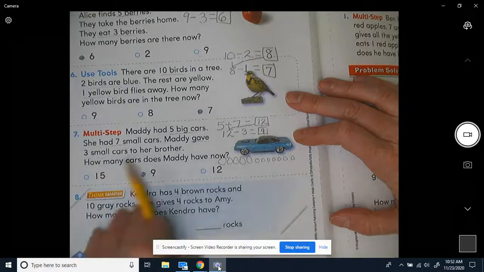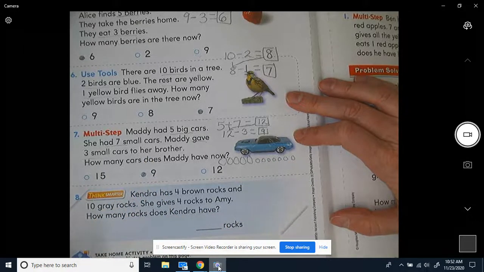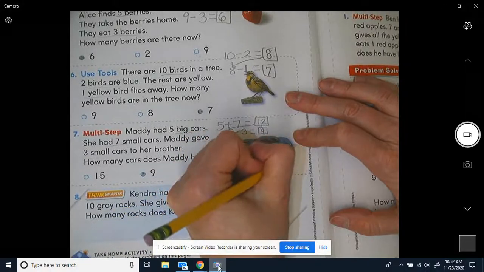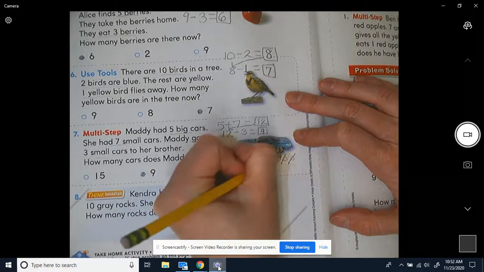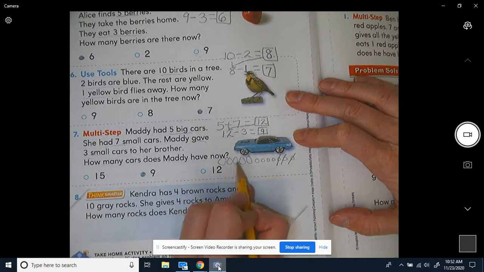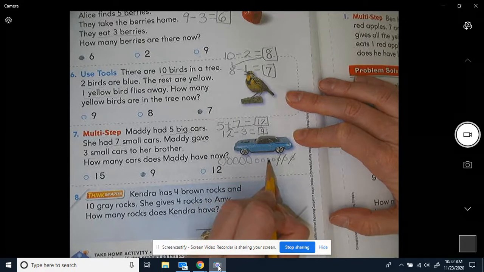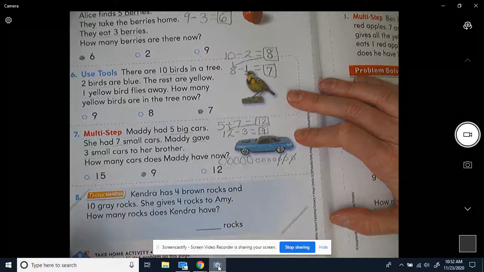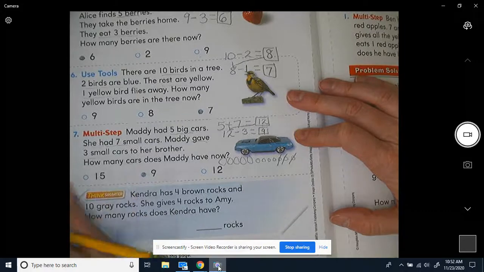And she gave 3 small cars to her brother. So we're going to cross out 3. Really didn't end up mattering that they were small. How many does she have now? 1, 2, 3, 4, 5, 6, 7, 8, 9. 9 what? 9 cars.